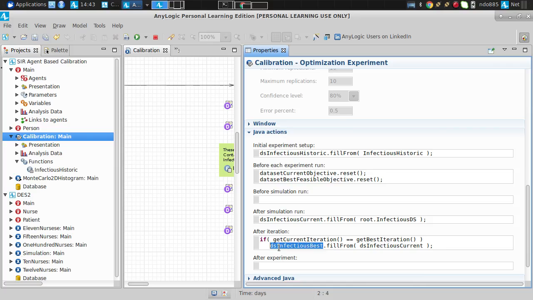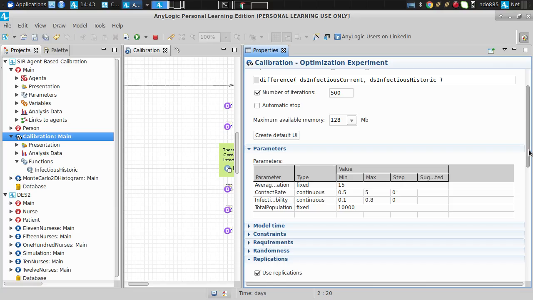And if you want to do that for your other time series, the other data you'll be dealing with, you'll have a second DS infectious best and DS new cases best or something like that. So that's how this simulation works. That's how calibration works. And you're going to be tinkering around the edges of this experiment to make it easier for you. It's going to provide a framework.